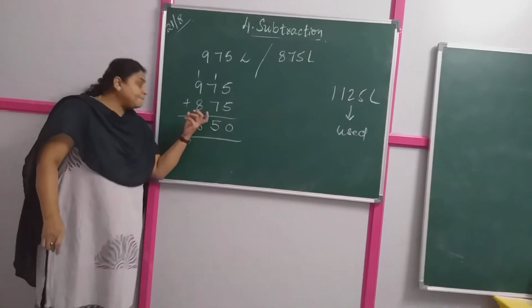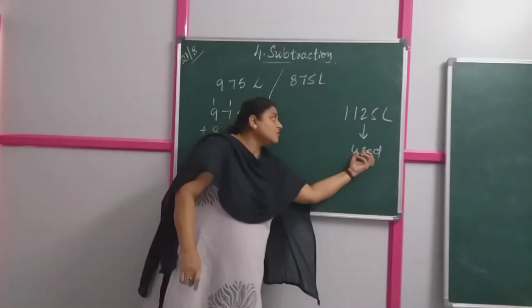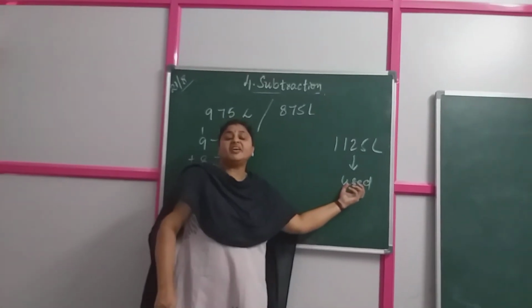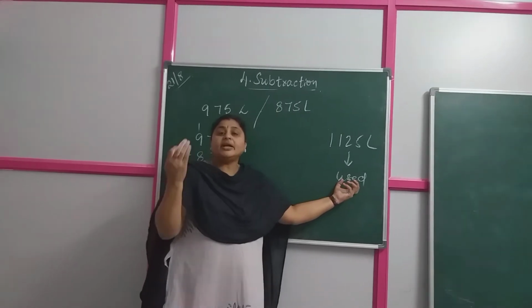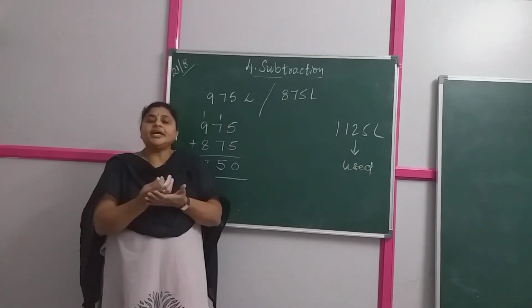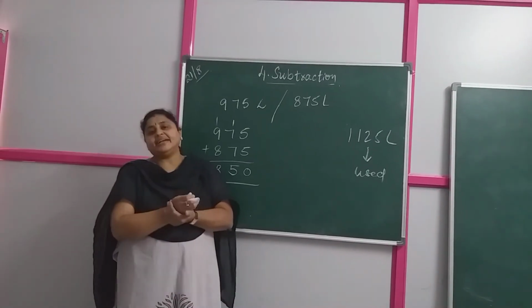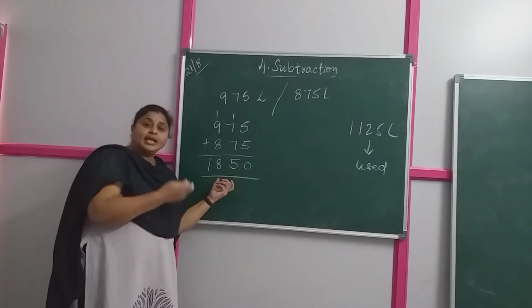1850. Now from this 1850, he has used 1125 liters of paint. Now you need to find the quantity of paint left over. To get how much paint is left over, we subtract the quantity of paint used from the total paint he bought.